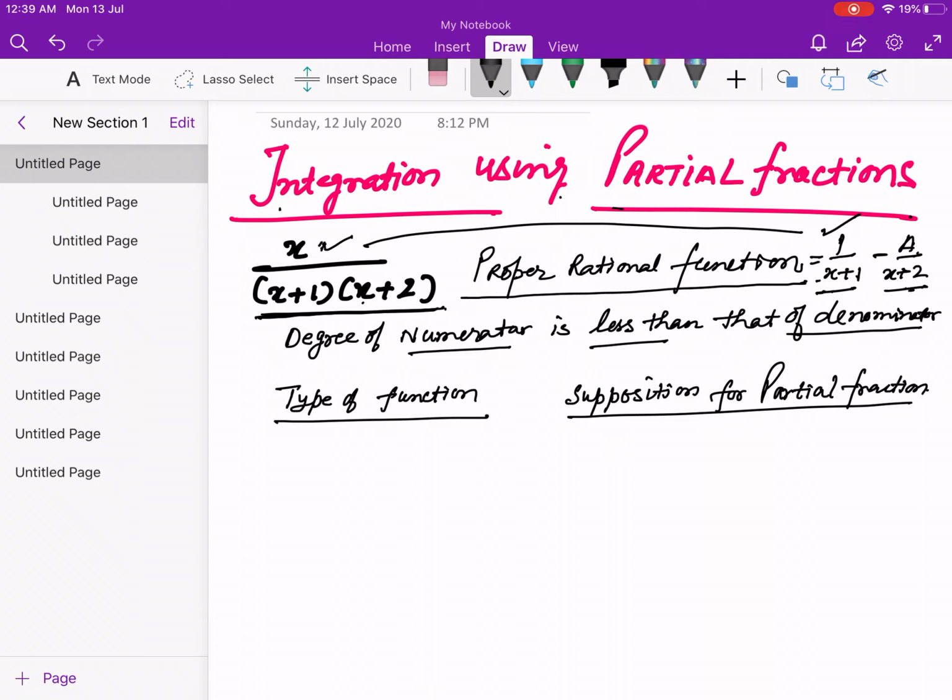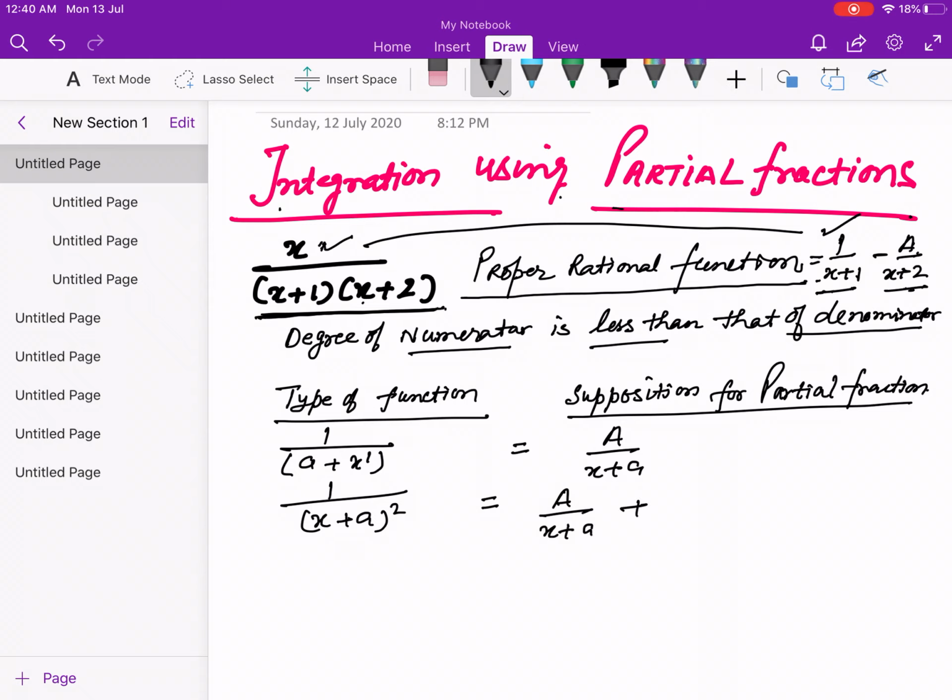Now here we have the types of functions. For x plus a, a linear function with degree 1, the supposition is a upon x plus a. If the linear expression is in whole square form, x plus a whole square, the supposition is done twice: a upon simple x plus a, plus b upon x plus a whole square.